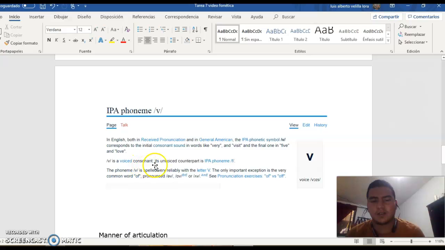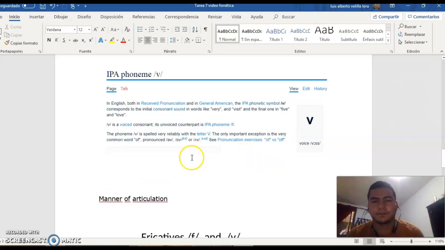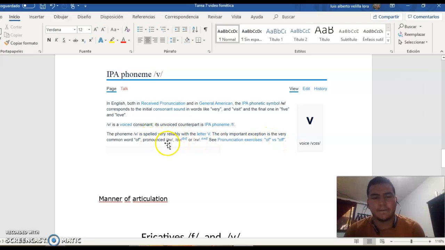V is a voiced consonant and its unvoiced counterpart is the IPA phonic F. The phoneme V is spelled very reliably with the letter V. The only important distinction is the very common word of, whose pronunciation aside, pairs with F.